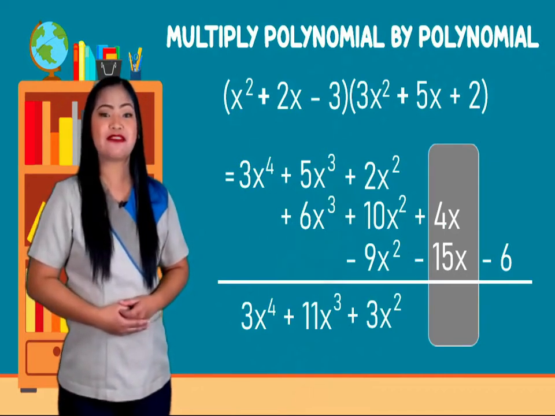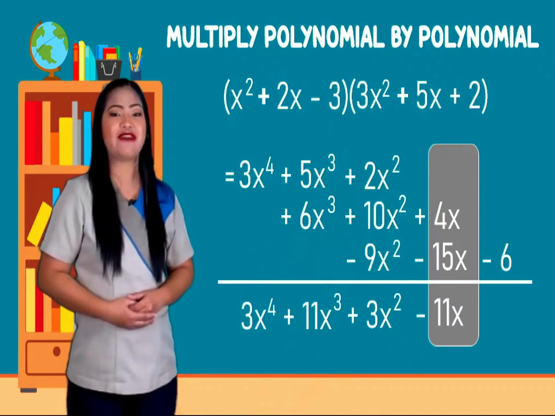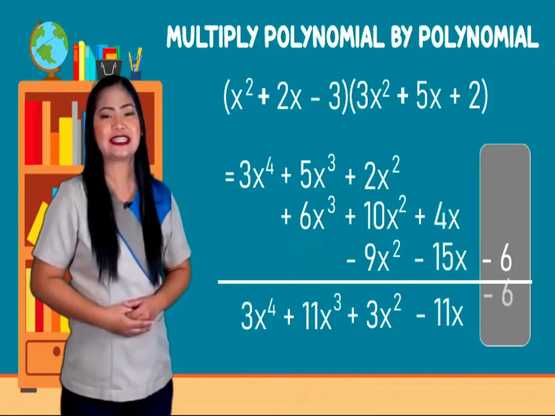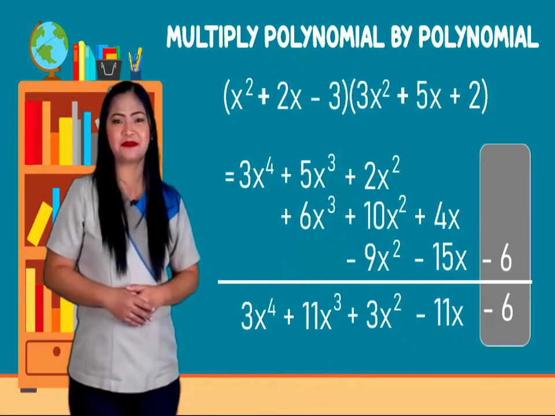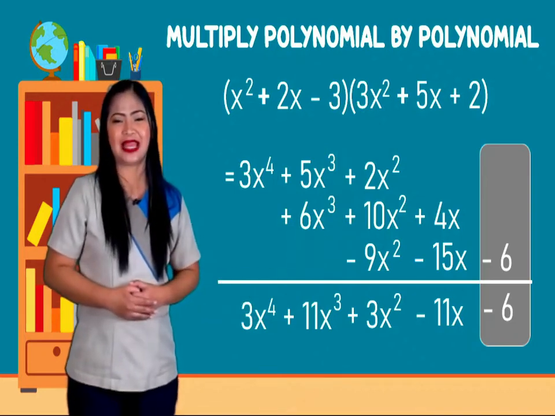Then, positive 4x minus 15x is negative 11x. Then, minus 6. Since all the like terms were already combined, this will be our final answer.